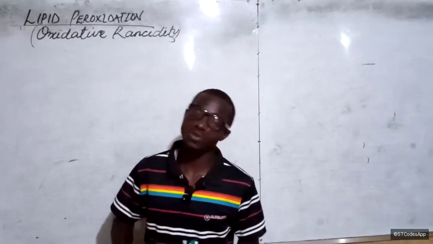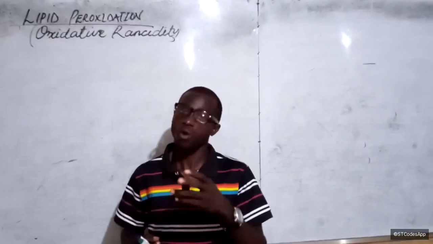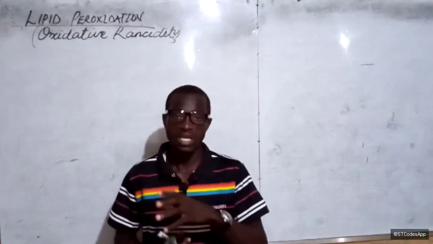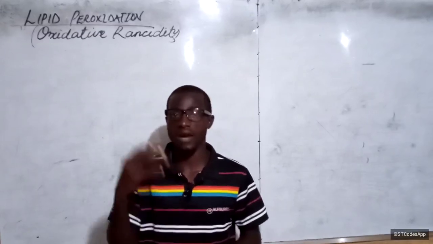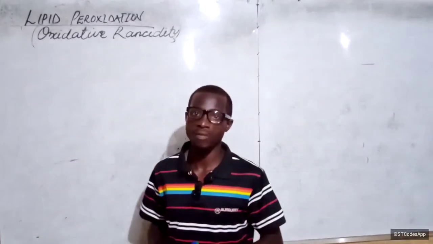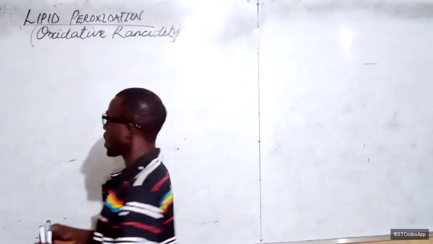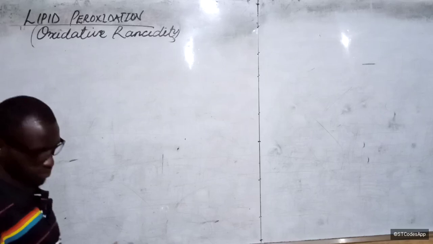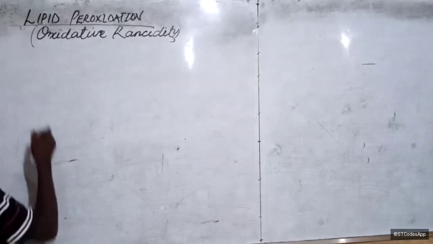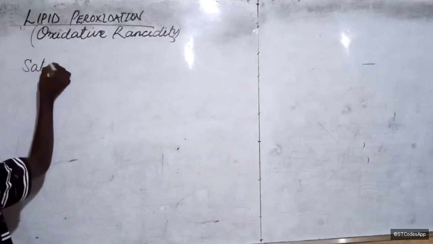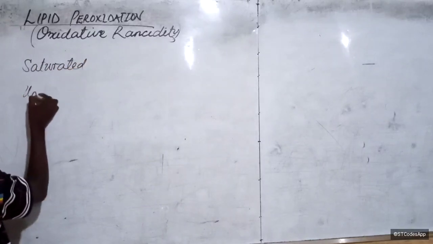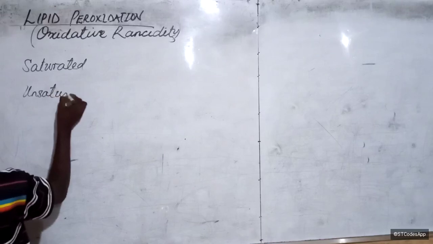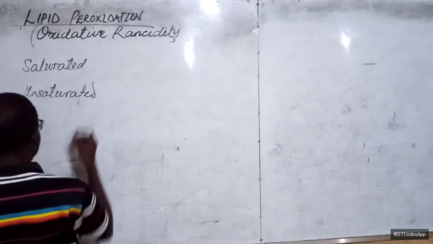We want to go through how fish, being an oily product that contains fatty acids, can undergo rancidity. Generally, fish contain two types of fatty acids, saturated and unsaturated fatty acids, and fish contain both.